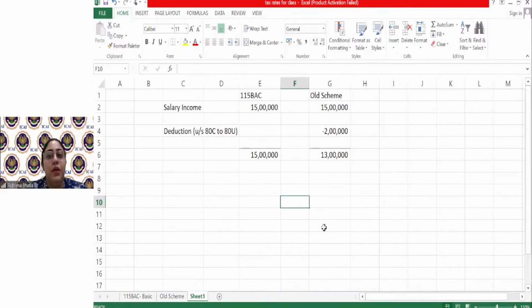Here in the new scheme total income would be 15 lakhs, and in the old scheme total income would be 13 lakhs. So quickly tell, because this 2 lakhs benefit is not available as per the new scheme. Which benefits are taken away, and assume this is that benefit. Tell me which scheme you would choose and why.